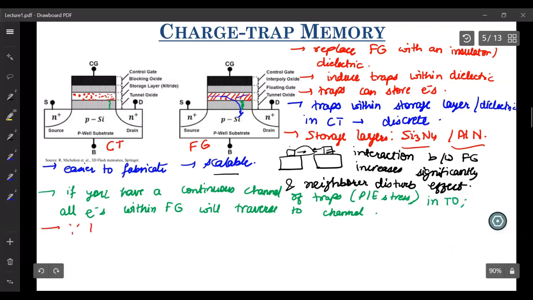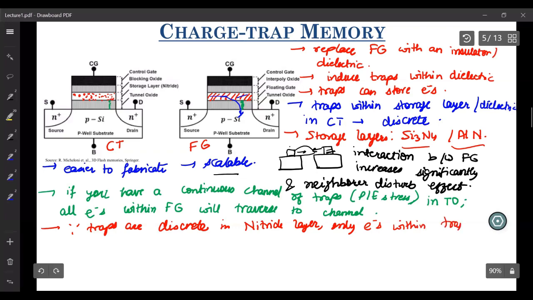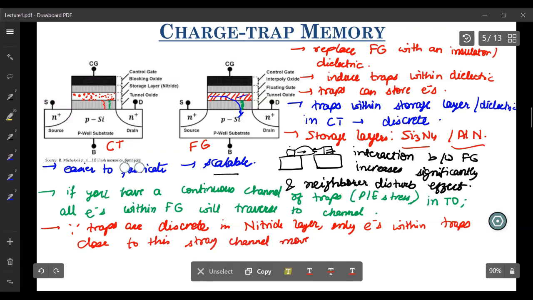Since the traps are discrete in your nitride layer, only the electrons within the traps close to this kind of stray channel, or whatever you call it, move into the substrate or channel region of your underlying MOSFET.